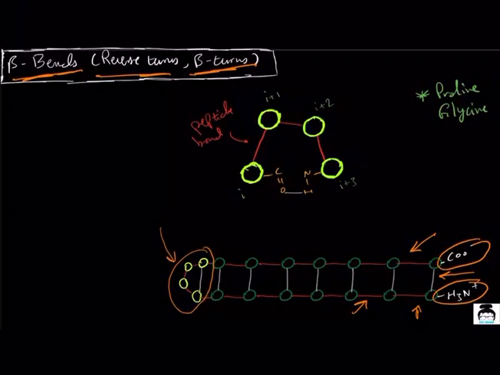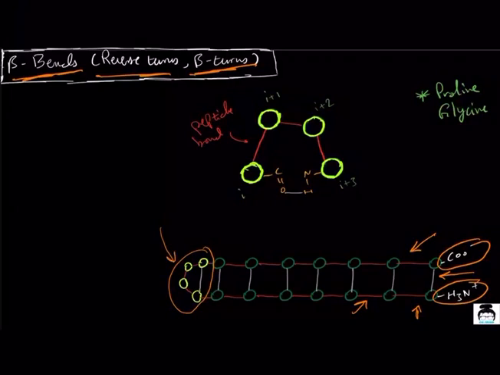And this is the function of beta bends. They connect two anti-parallel chains. They will not connect parallel beta sheets. They will not connect an alpha helix to a beta sheet. They only connect two chains of amino acids that exist in an anti-parallel fashion in beta sheets.